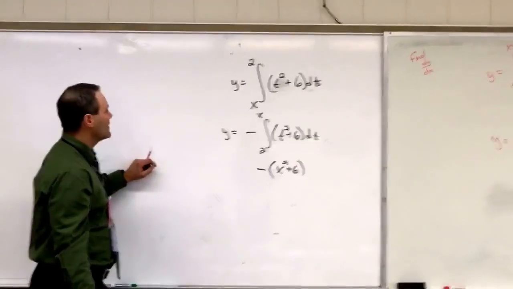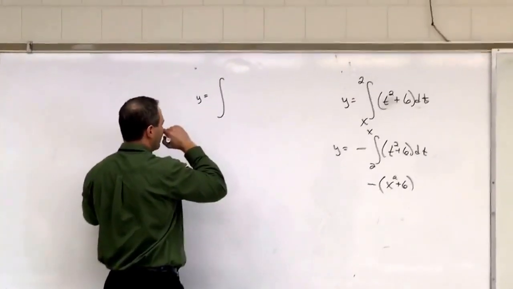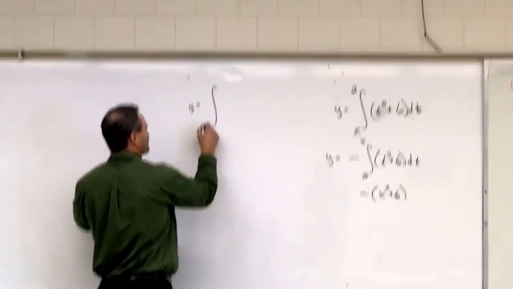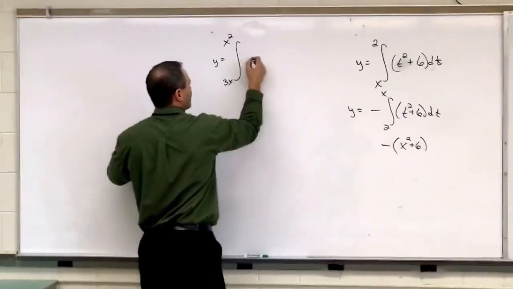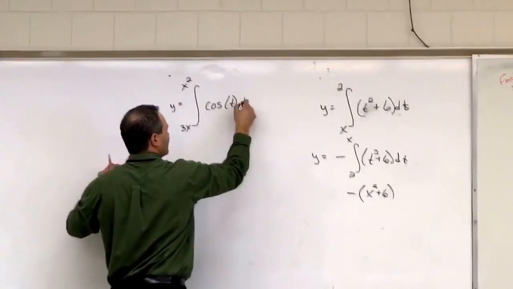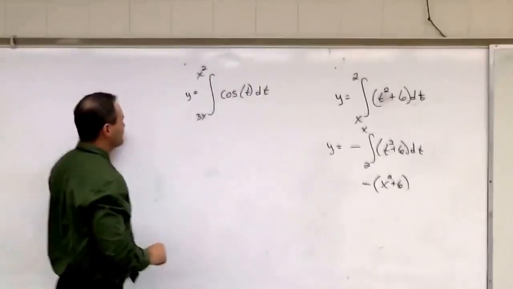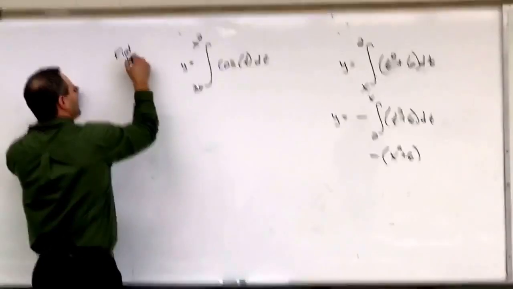Alright, what if we have this one? Now you divide the 3, and we're finding the derivatives.